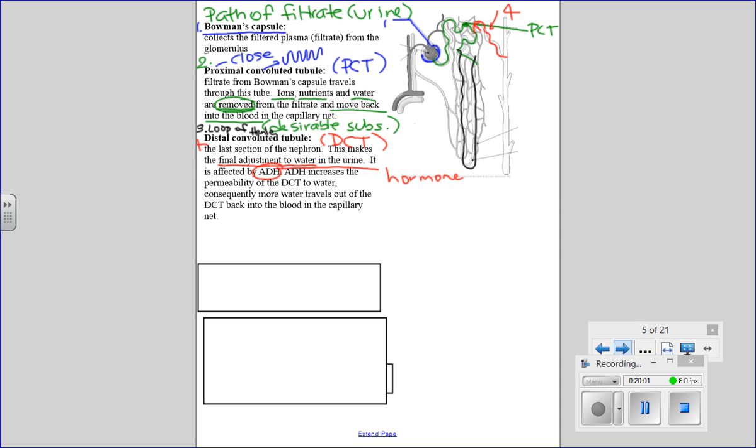Now we will talk about some specifics about this particular hormone, ADH. It's a little bit further on in the notes when we talk about how things are controlled and how homeostasis is maintained.